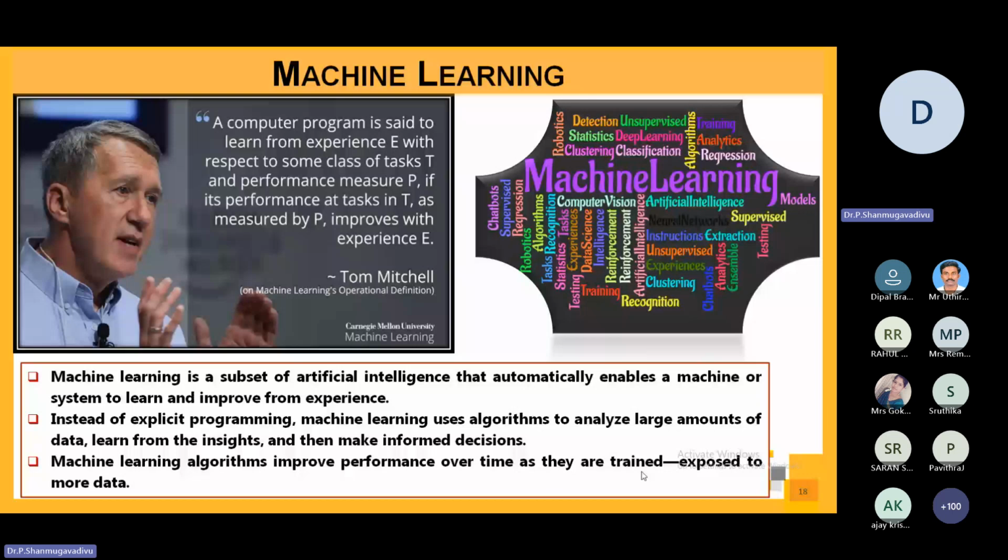Okay, so the next point is that machine learning algorithms improve performance over time as they are trained, exposed to more data. So what do you understand from this particular slide? Machine learning is a terminology that encompasses a collection of machine learning algorithms. These algorithms are capable of taking the input and making a small change, or improving it, or generalizing it, or making it better.